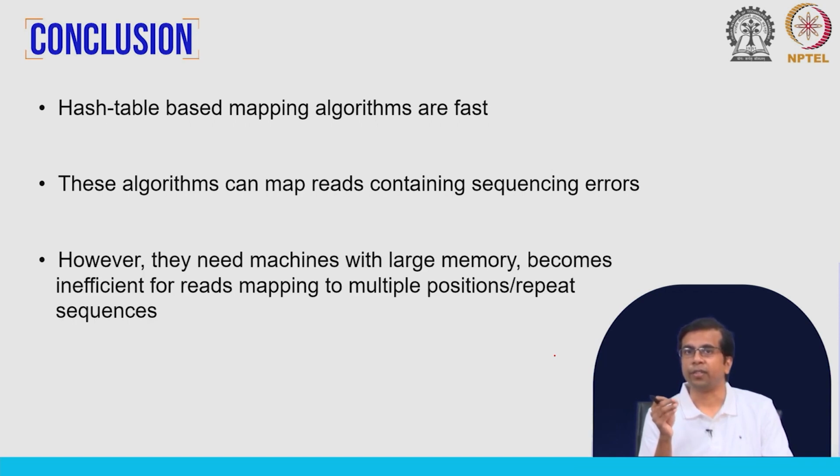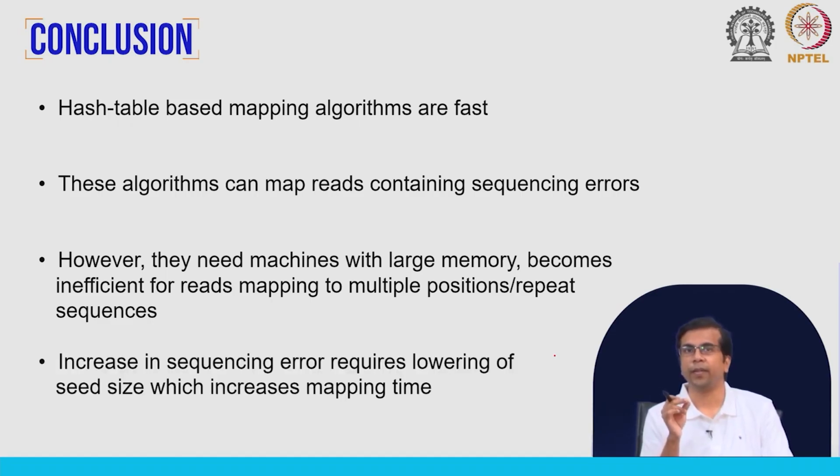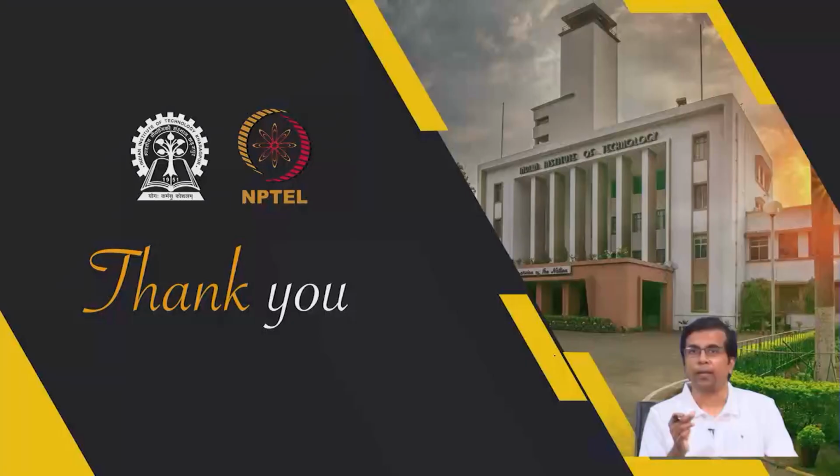This means you have to have special machines, special servers for doing the mapping, and it also becomes inefficient for mapping to multiple positions or repeat sequences. And also with the increase in sequencing error, which long read sequencing platforms have, it will require lowering of seed size, which will mean multiple hits and will increase mapping time. That is it.